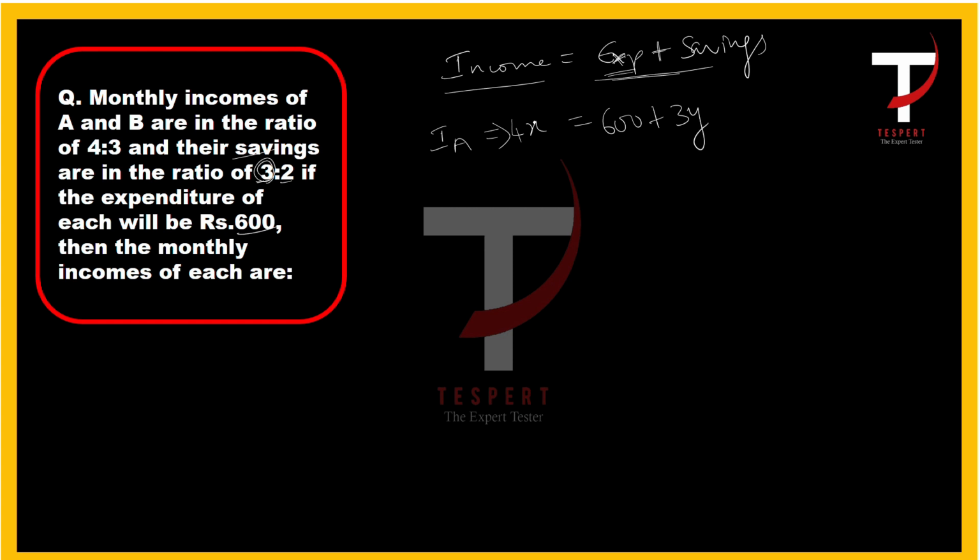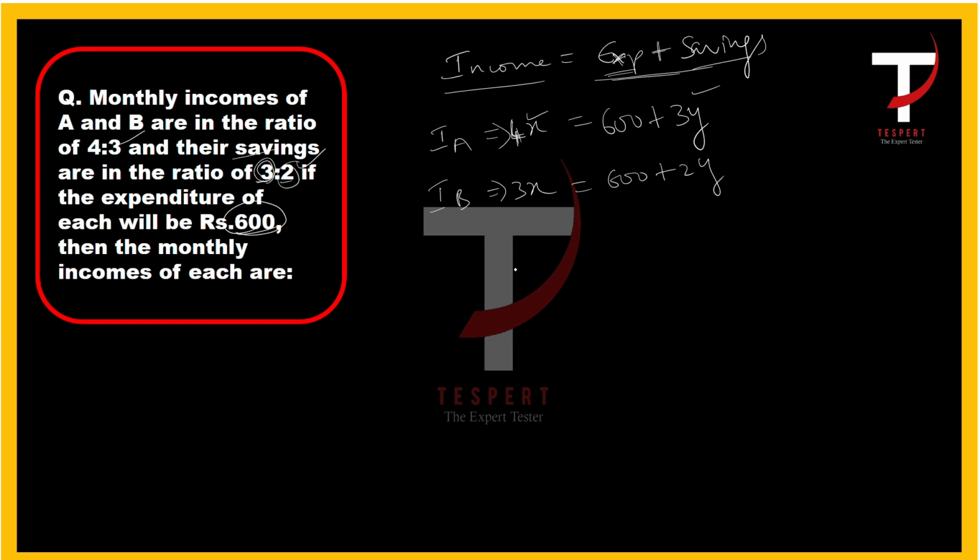See, for income we are taking it as x, and for savings we are taking it as y. What about B? Income of B is equal to 3x, right? Savings is 2y and expenditure remains same. So 600 plus 2y.